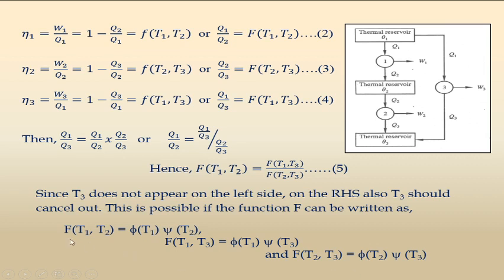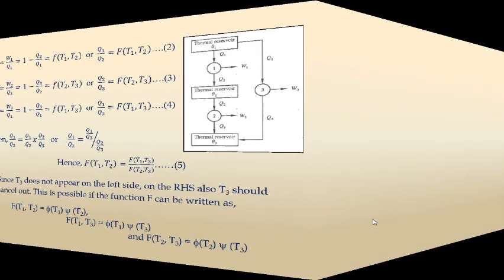So now I am going to replace these three terms with their rewritten format of the functions, and let us cancel out now. So equation 5 becomes, instead of f of T1 T2, phi of T1 and psi of T2 I will write down. So f of T1 and T3, phi of T1 and psi of T3, and f of T2 and T3 can be written as phi of T2 and psi of T3.